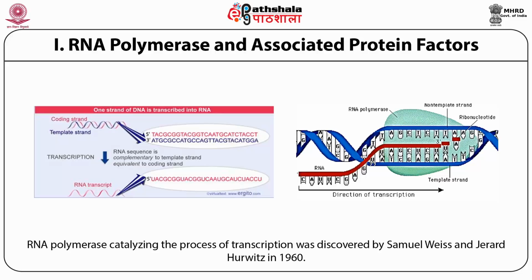The double-stranded DNA is unwound. The strand to which the RNA polymerase attaches acts as the template strand. The other strand is referred to as the non-template strand, coding strand, or sense strand.